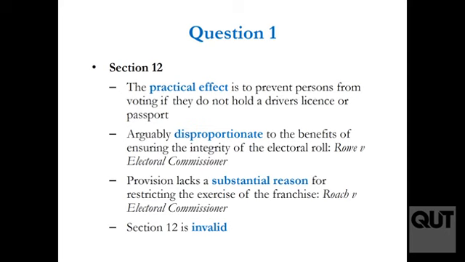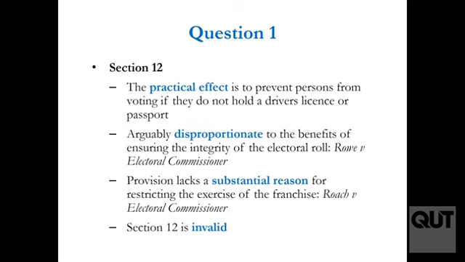However, particularly for the 17-year-olds, it's interesting because a person who is age 17 is not actually required to have a driver's licence or a passport unless you're desperate to go overseas. So I think there'd be a reasonable conclusion to be drawn here that this is arguably disproportionate to the benefits of the amendments in ensuring the integrity and accuracy of the electoral roll.